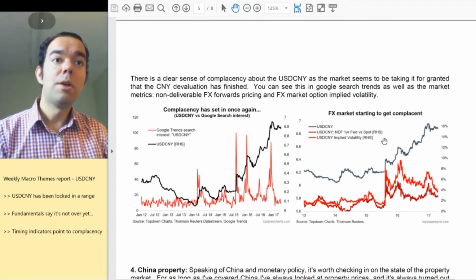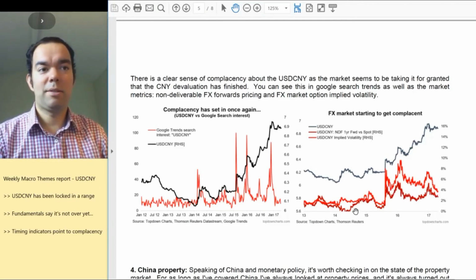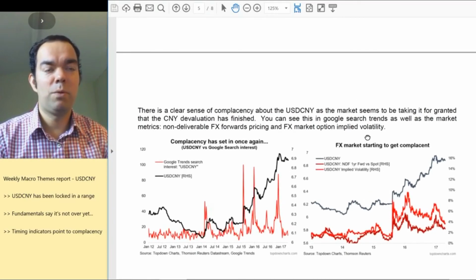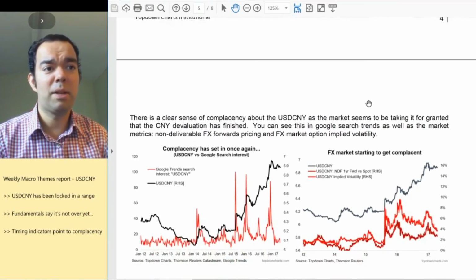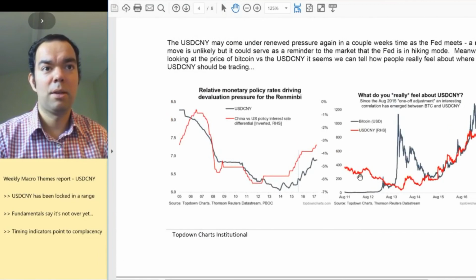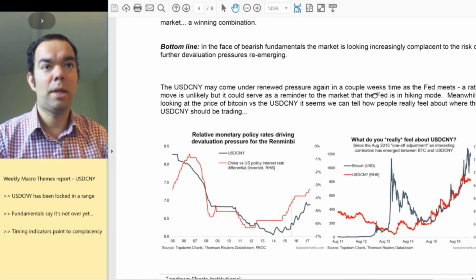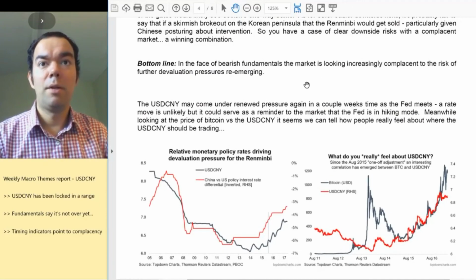So I would say you look at these charts, there's no two ways about it. The market's completely complacent to any big move in the currency, and they've been lulled into thinking that because it's been put back into a fairly tight range. But as I said back here, I don't expect that to last, and that's the conclusion I came up with in this edition of the report.